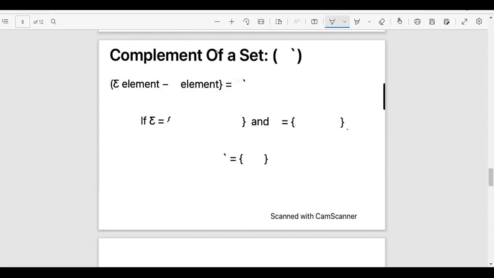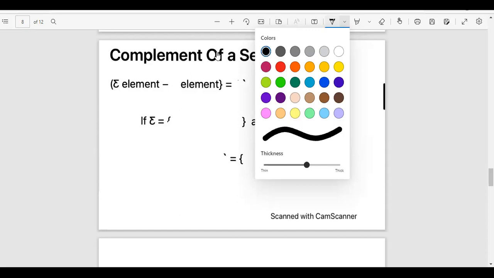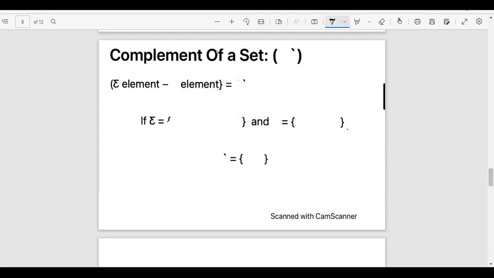Okay. Now imagine you have a set B. Okay, we can have set A, set B, set C. Name does not matter. We have a set B. And again, the question is about finding B complement.